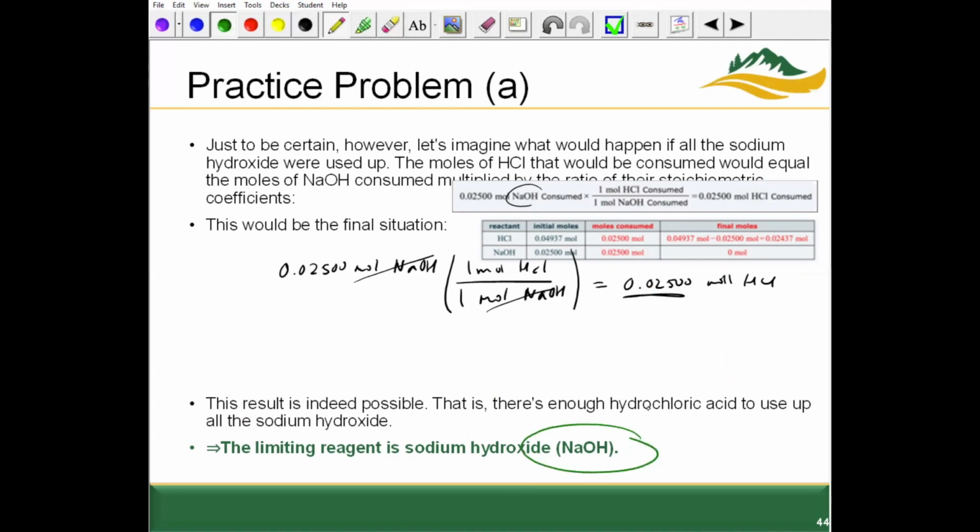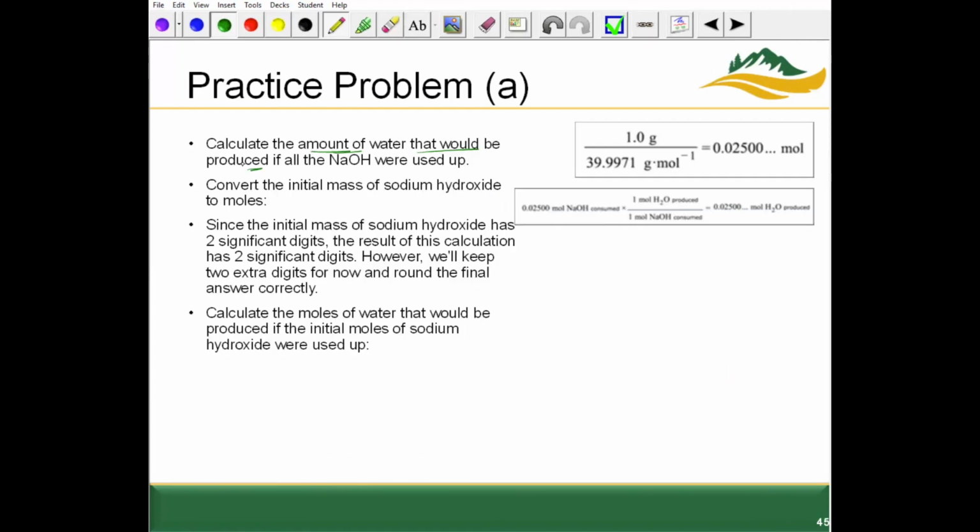Now we can continue on with the problem. So we're going to calculate the amount of water that would be produced if all of that limiting reactant is used up. We know we'll have plenty of HCl, but we know that sodium hydroxide will dictate how much water can be produced. That's why we only need to focus now on the NaOH, our limiting reactant.